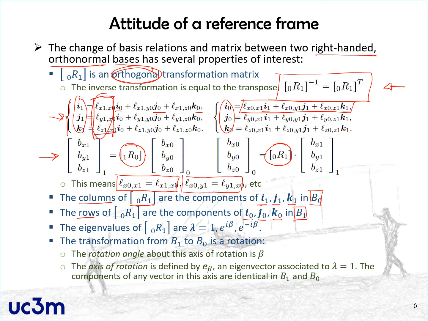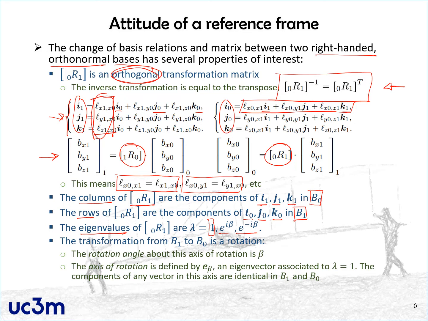Moreover, the orthogonal matrices that we have in these relations have always a set of 3 eigenvalues, okay? And one of these eigenvalues is always 1, okay? And the other 2 are complex conjugate eigenvalues that can be expressed in this form. The meaning of these 3 eigenvalues is the following, okay?